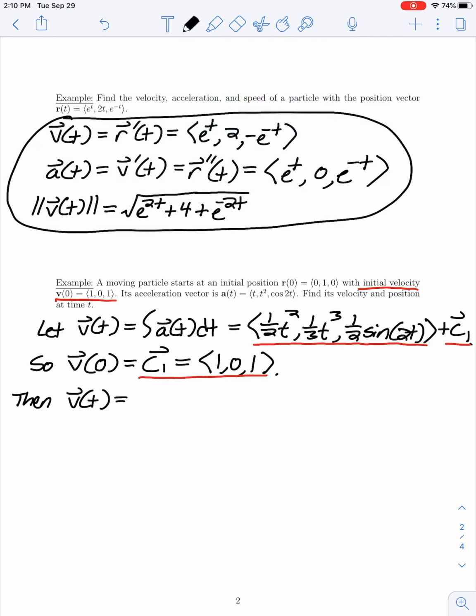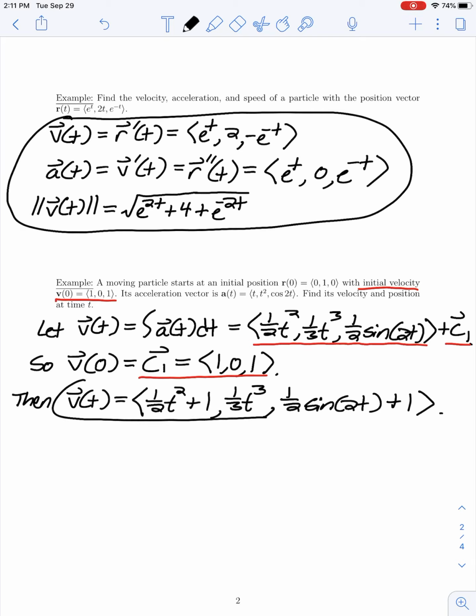So summing those two vectors component-wise, my first component for the velocity vector would be 1/2 t squared plus 1. My second component would be 1/3 t cubed plus 0, so just 1/3 t cubed. And then 1/2 sine of 2t plus 1. So this would be the velocity vector for this object.